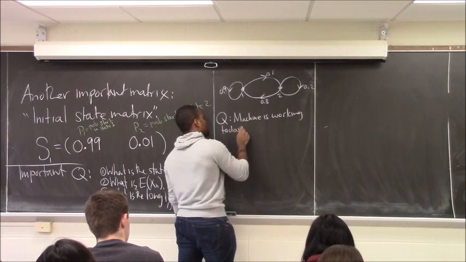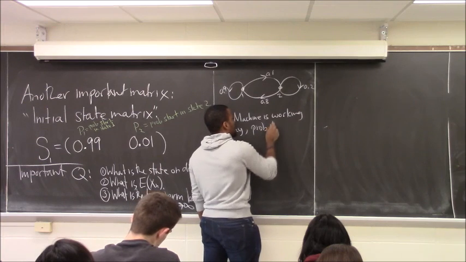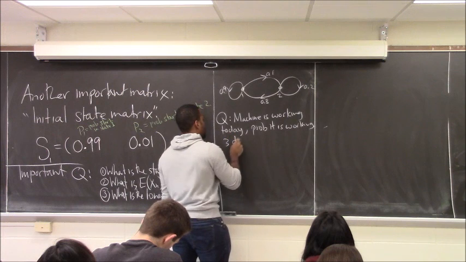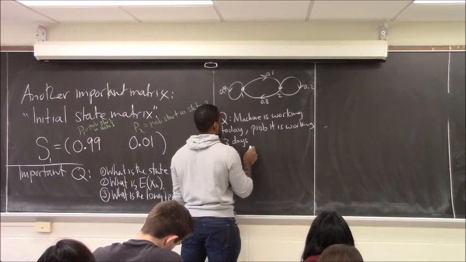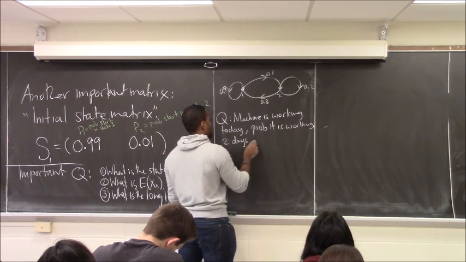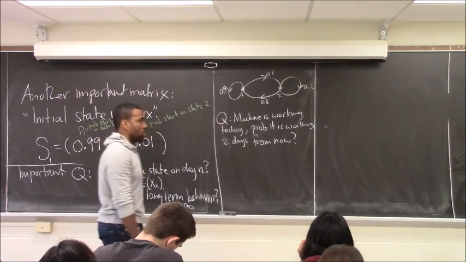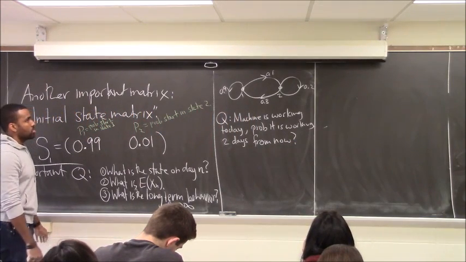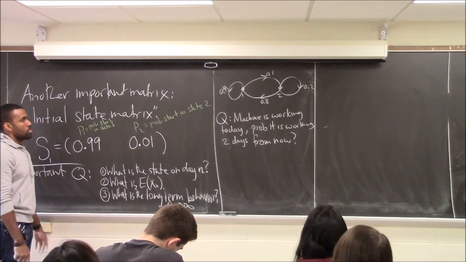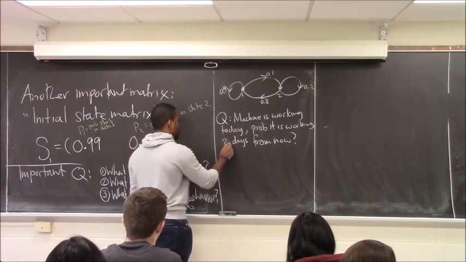I know that there's a 90% chance it's going to be working tomorrow. What is the probability it is working 3 days from now? Or let's do 2 days. So I don't want to know about tomorrow. I want to know about the next day. I mean, we can even do 3 days from now, just to make it a little bit interesting.